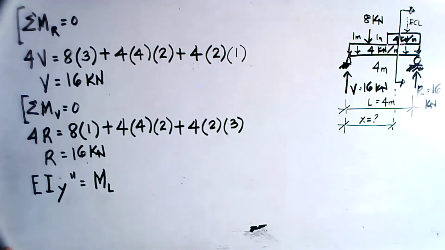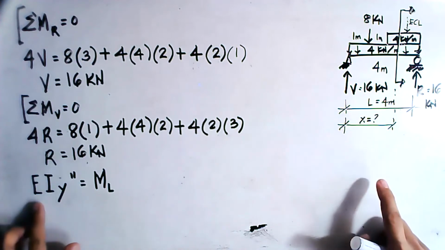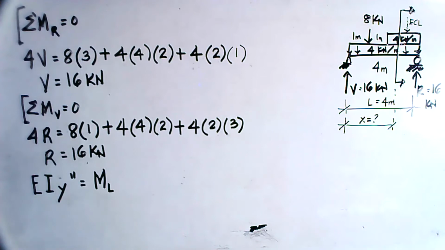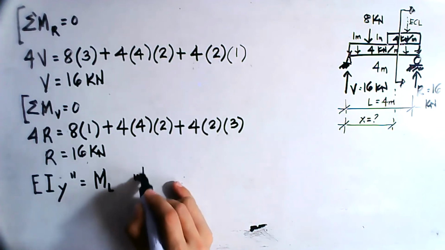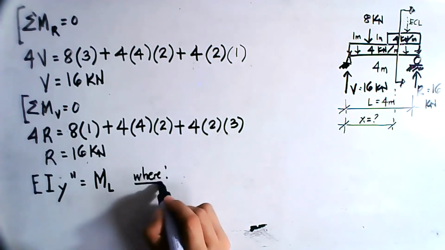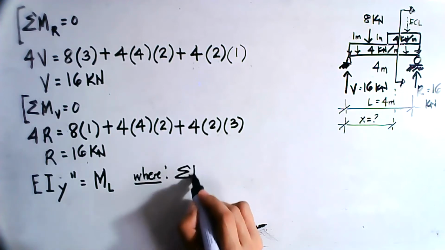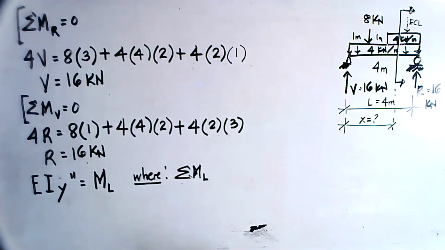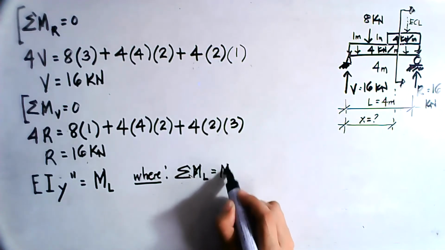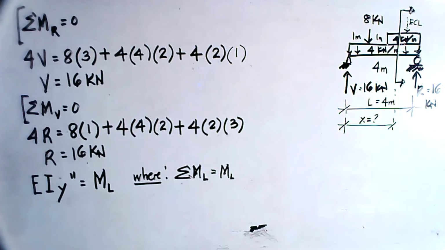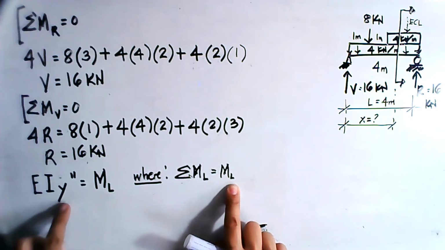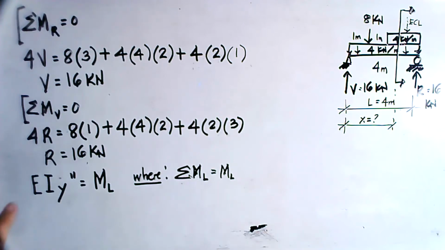So EIY double prime is equal to the moment at the left, wherein M sub L here is our summation of moment at the left portion. This moment equation will be the one that we are going to use to determine the value of the deflection.